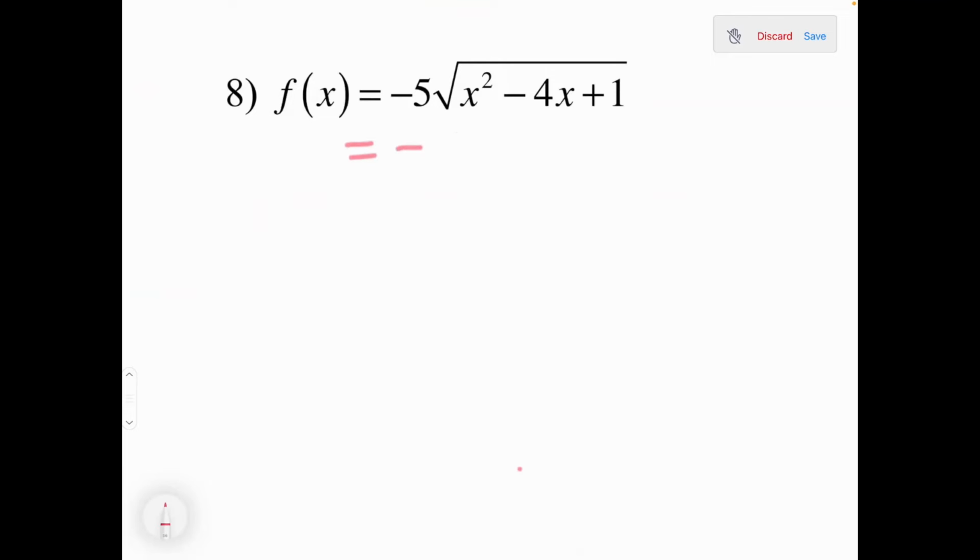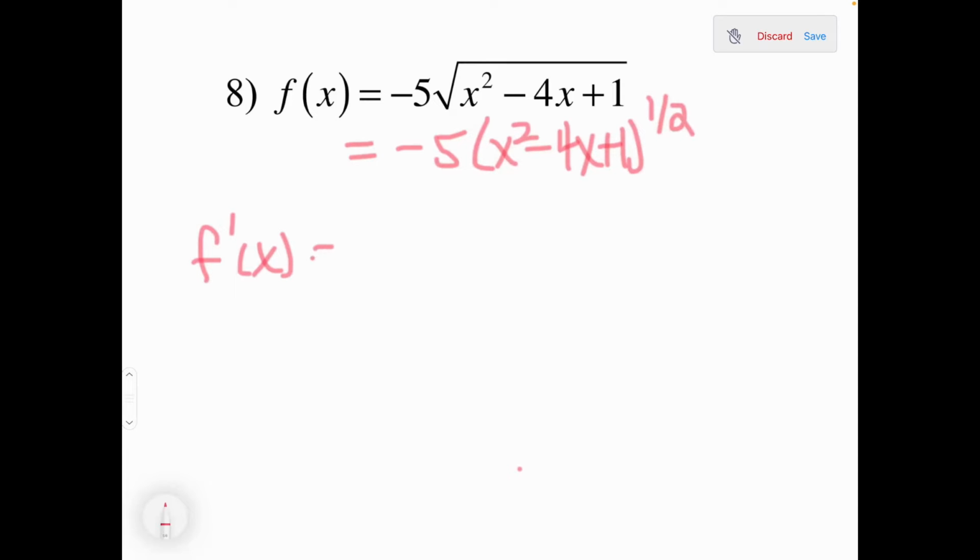Number 8, we can rewrite this as negative 5 times x squared minus 4x plus 1 raised to the 1/2 power. And we're going to take the derivative using the chain rule. So negative 5 times something raised to the 1/2 power. You can think about this as negative 5 times, let's call it v to the 1/2 power.